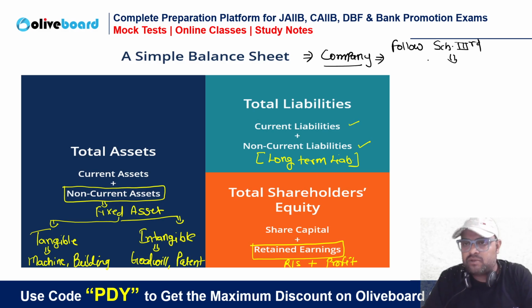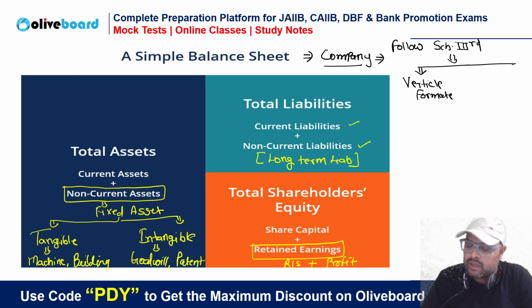In Schedule III of the Companies Act, two things we have to remember: the format of the balance sheet will be vertical in nature, and second, we have to follow Part 1.